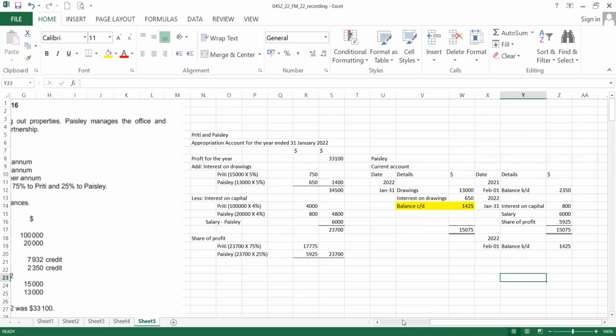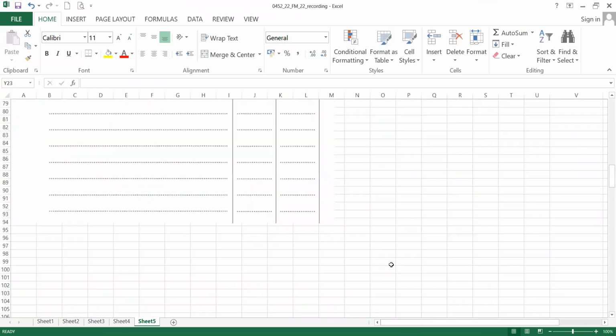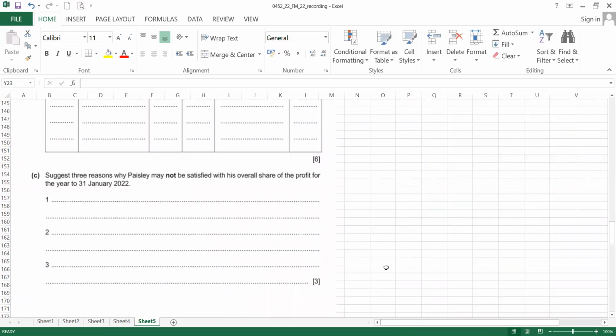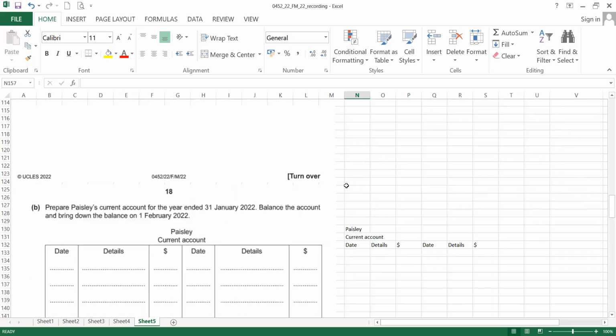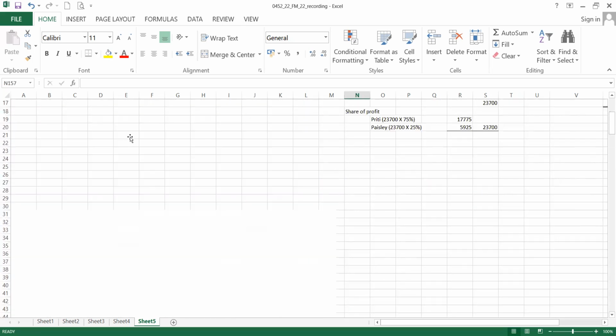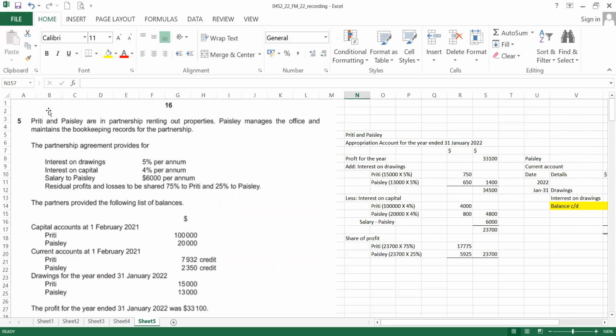Okay, the next one. Suggest 3 reasons why Parsley may not be satisfied with overall share of profit. First of all, the first sentence says that Parsley managed the office and maintained the bookkeeping record.